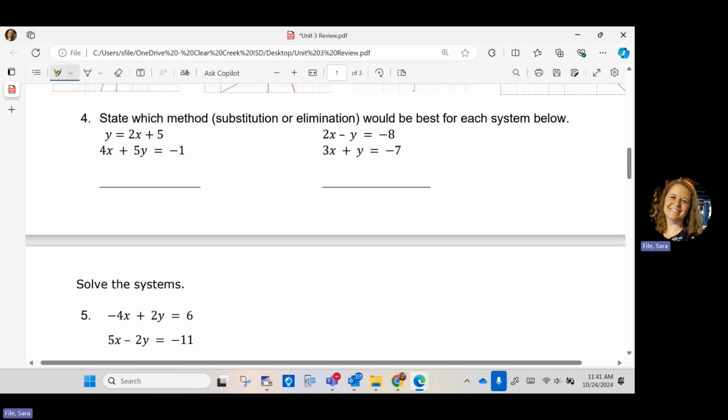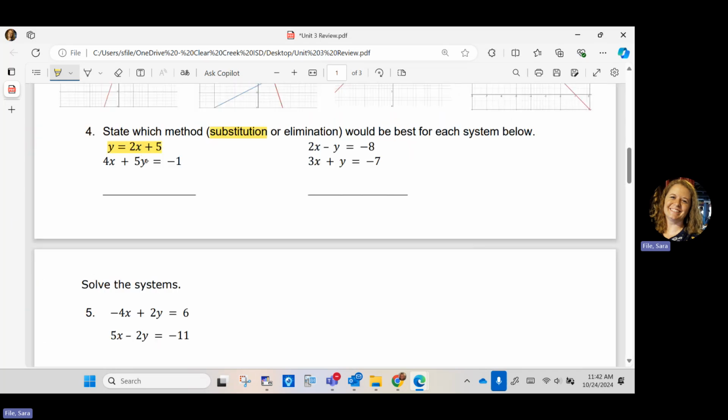If you have one of the variables already set equal, so you already have y equals or x equals, that's when you're going to use substitution. So looking at this equation, y equals 2x plus 5 could be substituted in for y here. So this one should use substitution. It's set up nicely to use substitution.